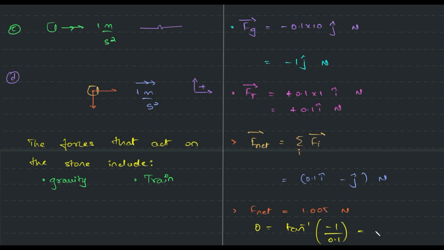So tan inverse of 10, that is minus 84.3 degrees. So basically it will be pointing down and to the right.